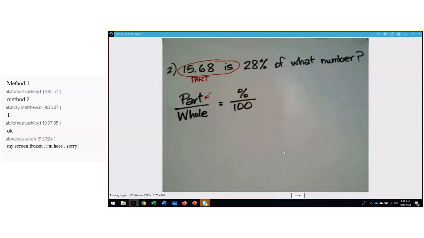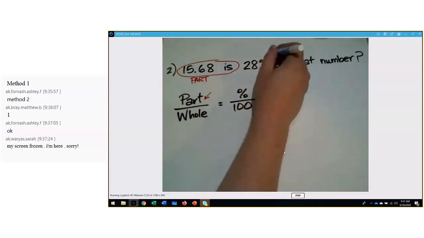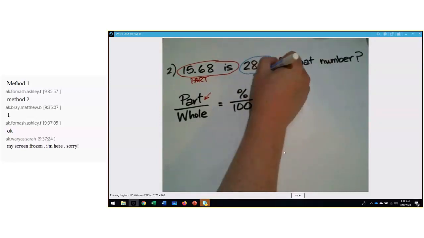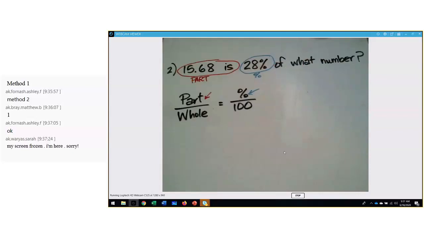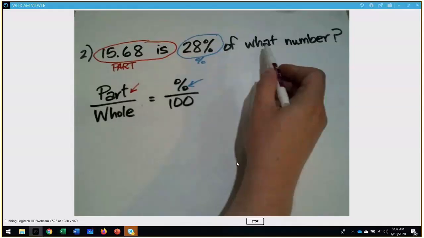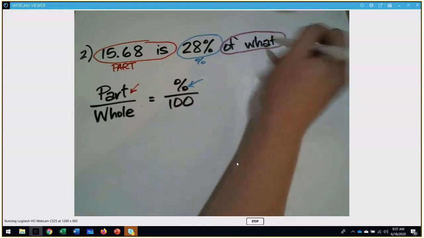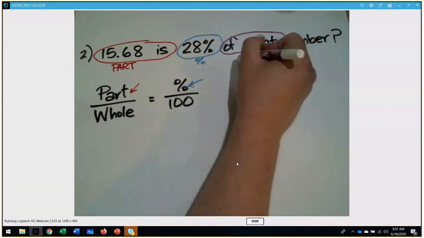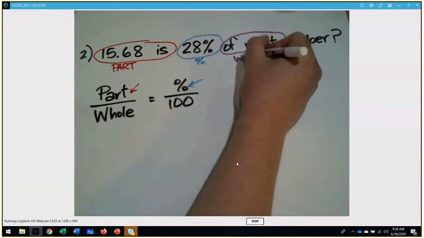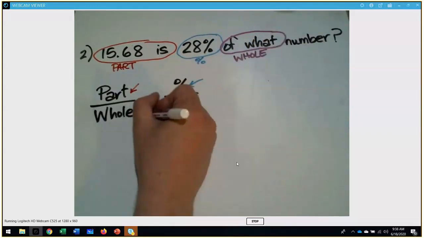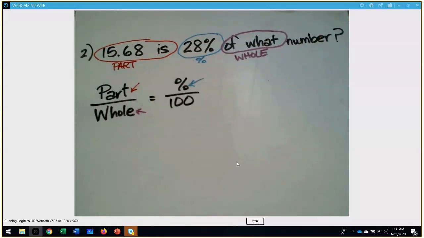And I see a percent, so that's going to go there. And if you notice what I said before, the of is the whole thing, and it's next to what, and that means we don't know it. So we're going to plug the x in down there.